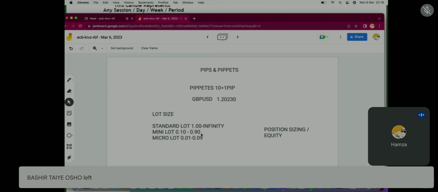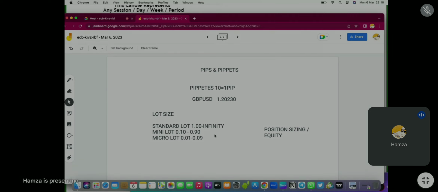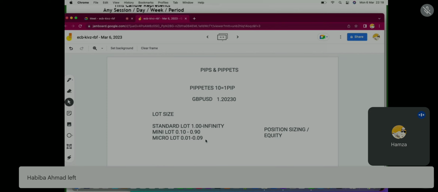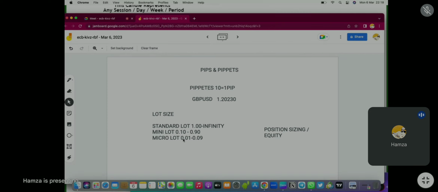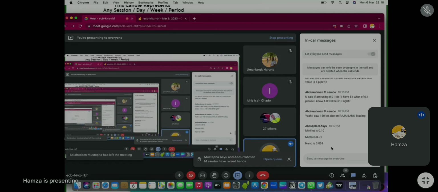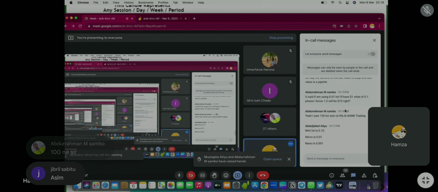If you're using a micro lot, your dollar count starts from cents: 1 cent, 2 cents, 3 cents, 10 cents. Now, do we need 10 cents before we have a dollar, or 100 cents? Honestly, I forgot. Okay, 100.